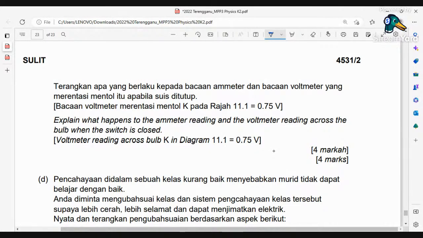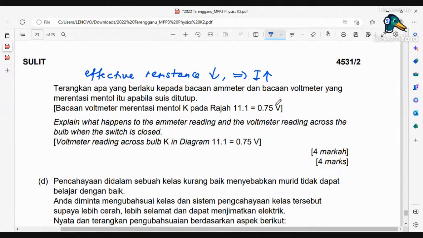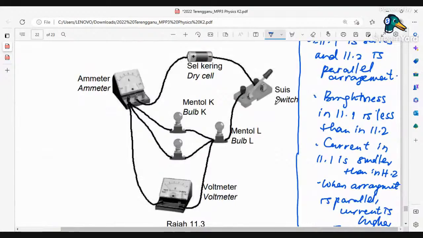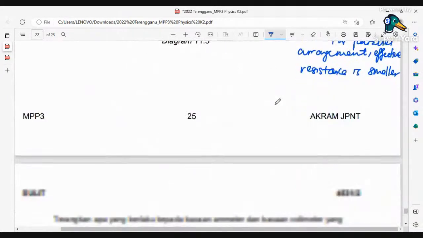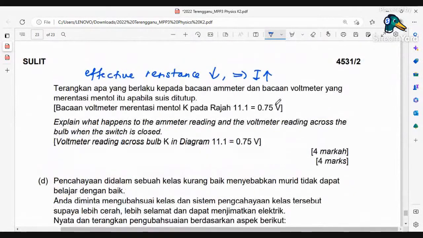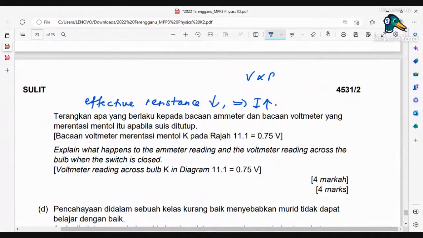What happens when you connect there is that the effective resistance will decrease. Decrease, so what happens to current? Current increases. Voltmeter reading across K decreases because V depends on R.